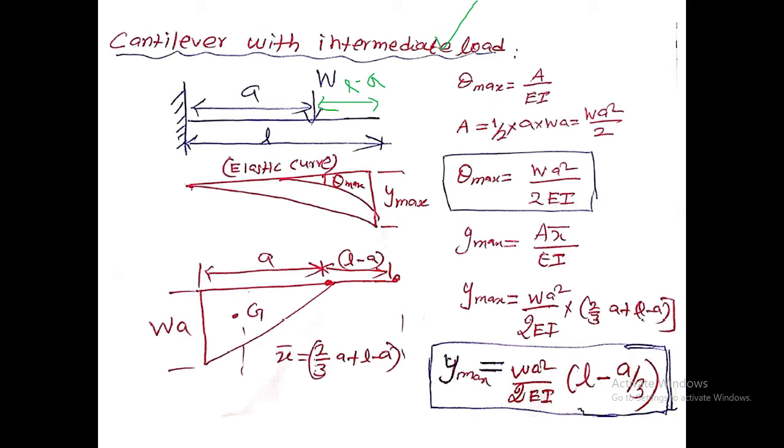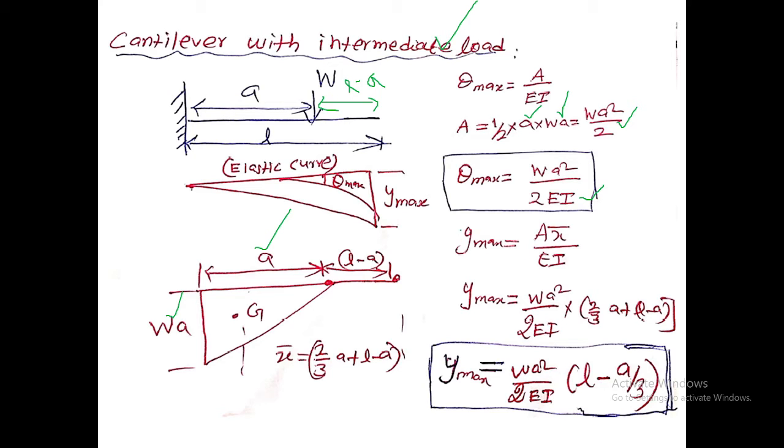The length is A and the height is WA. The area is 1 by 2 into A into WA, so WA squared by 2. Theta max equal to WA squared by 2EI.